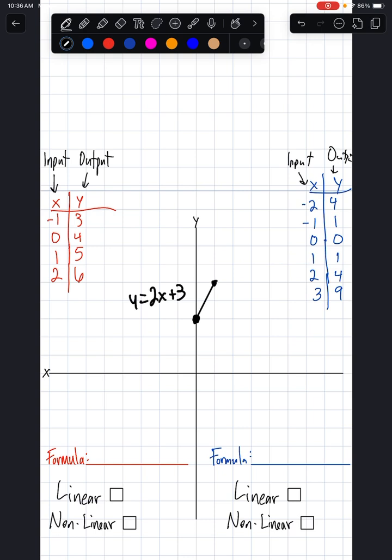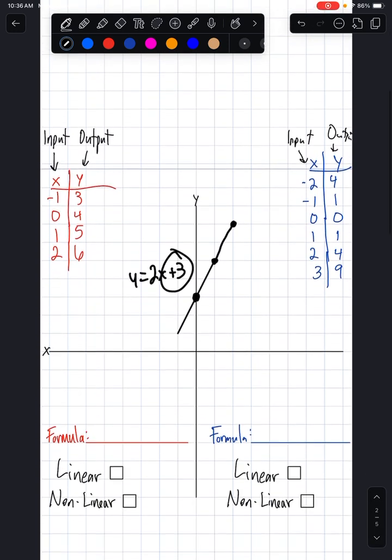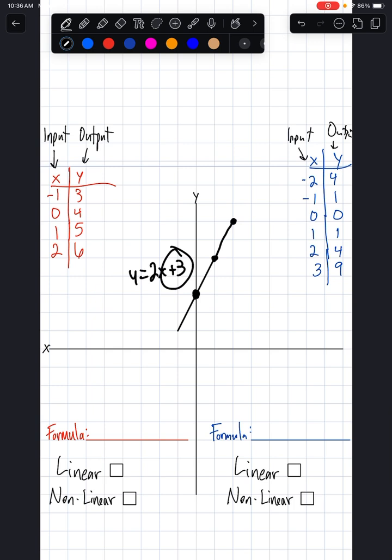Boom, that's our next point. Rise 2, run 1 puts us there, and then if we want to go this way, we would just invert it. So we go down 2 and left 1, so that our line stays a line. That just tells you what B means, and that's what I mean by our starting point, because that's where we will start the majority of graphs when we graph a line.